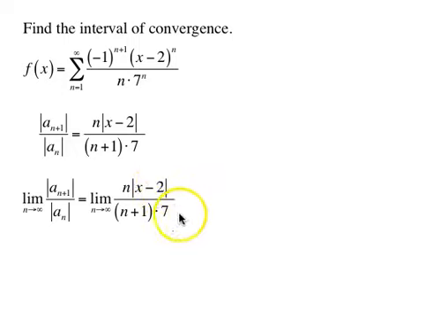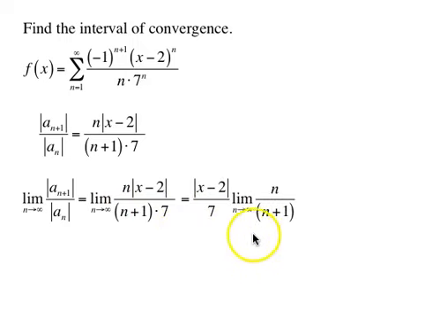And I can pull out the absolute x minus 2 over 7 since that's not changing, only the n's are changing. And the limit as n goes to infinity of n over n plus 1 is just 1. Highest power n upstairs, highest power downstairs, n over n is 1. So the value I get is absolute x minus 2 over 7.